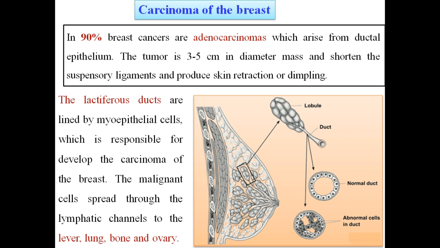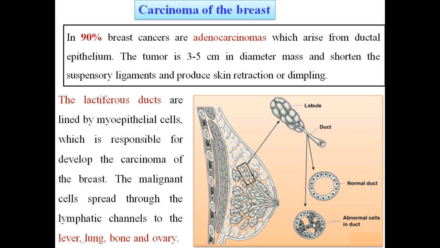Carcinoma of the breast: 90% of breast cancers are adenocarcinoma, which arise from the ductal epithelium. In carcinoma, the tumor is a mass 3 to 5 centimeters in diameter. The lactiferous ducts are lined by epithelial cells, which are responsible for the development of the carcinoma.